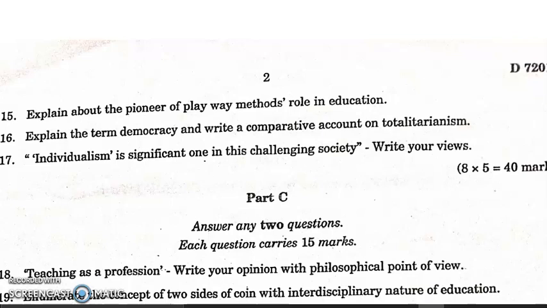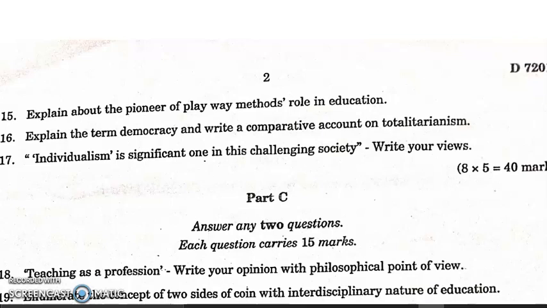Then the term democracy, and write a comparative account of totalitarianism. So here you need to write about democracy and you have to compare it with totalitarianism. So there shall be 2 marks for describing democracy and 3 marks for comparison between democracy and totalitarianism.